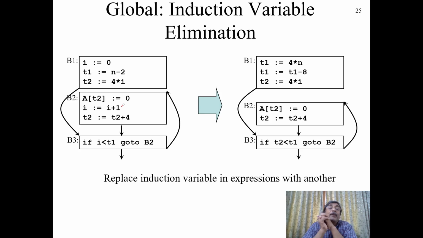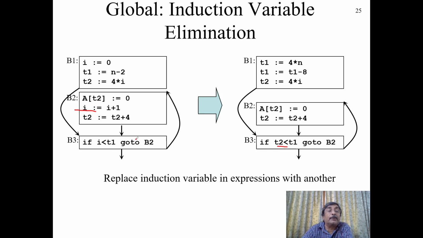So what will be the value of T2 at the very end? If I goes to n, T2 will go to 4n. And if I goes to n minus 2, T2 will go to 4n minus 8. That's it. So therefore, I eliminate this loop variable and instead use T2 as the loop variable.